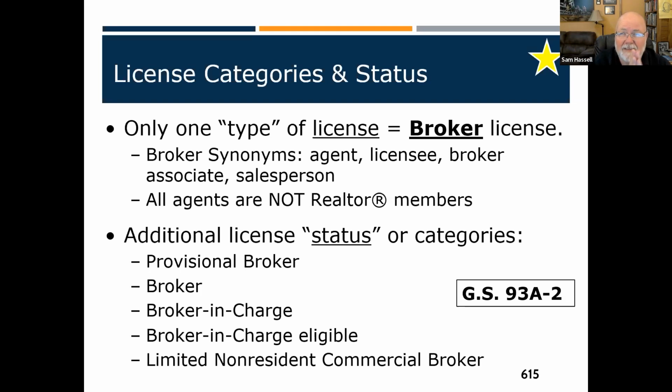Otherwise, you have 120 days to do this 12-hour class, all right? So in that period of time, you are called broker in charge eligible. You've applied for it. You told them what you were going to do. Now you're going to go take the class, okay? Pass the class, do everything okay, and you get a broker in charge.